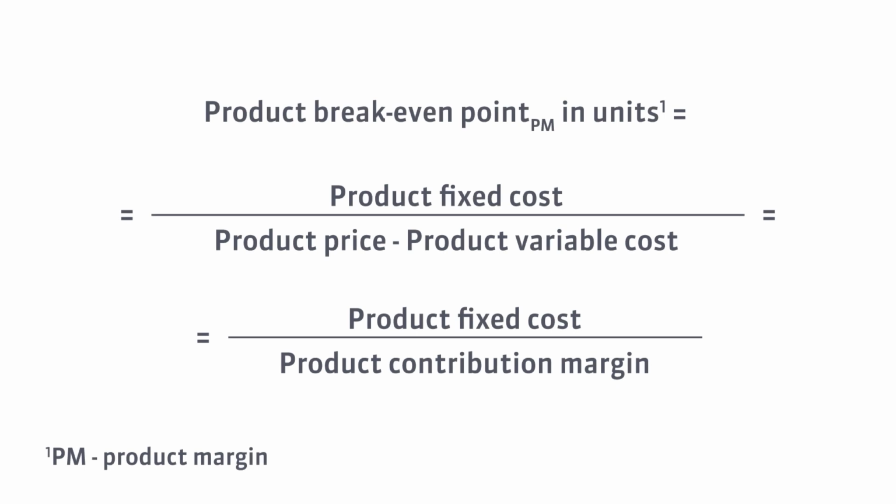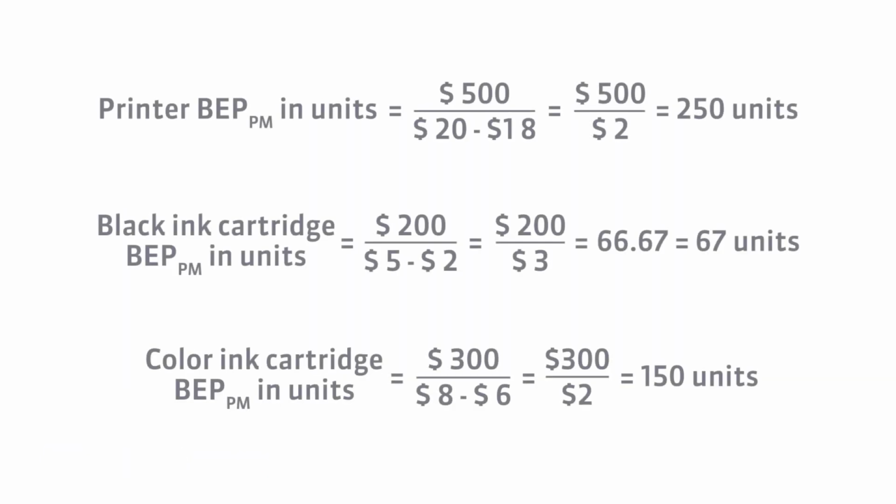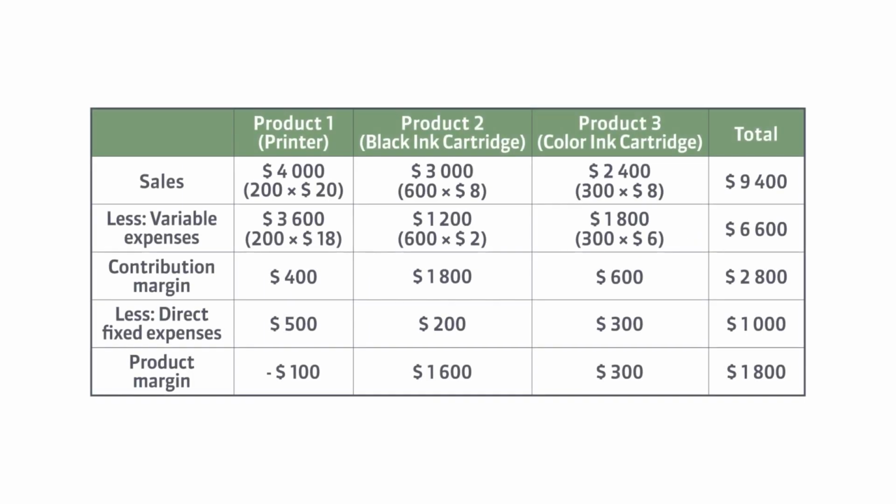Break-even for each product is as follows. Now let's calculate the break-even point for each of the 3 products. As you can see, the company currently sells too few printers. Therefore, it doesn't reach the break-even on this product.